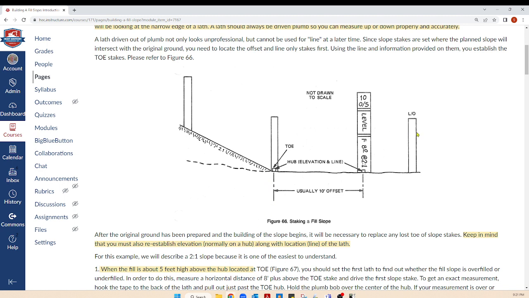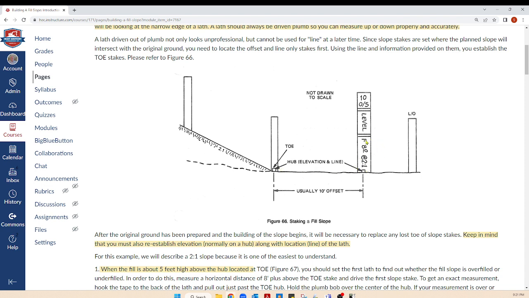So we're getting out here, we're going to line up and we're going to use this information. Look at here, 10-foot offset and then level. That means this is level with this. So whatever elevation this is, this is the same elevation, because it's 10 foot, but it's 10 foot level.